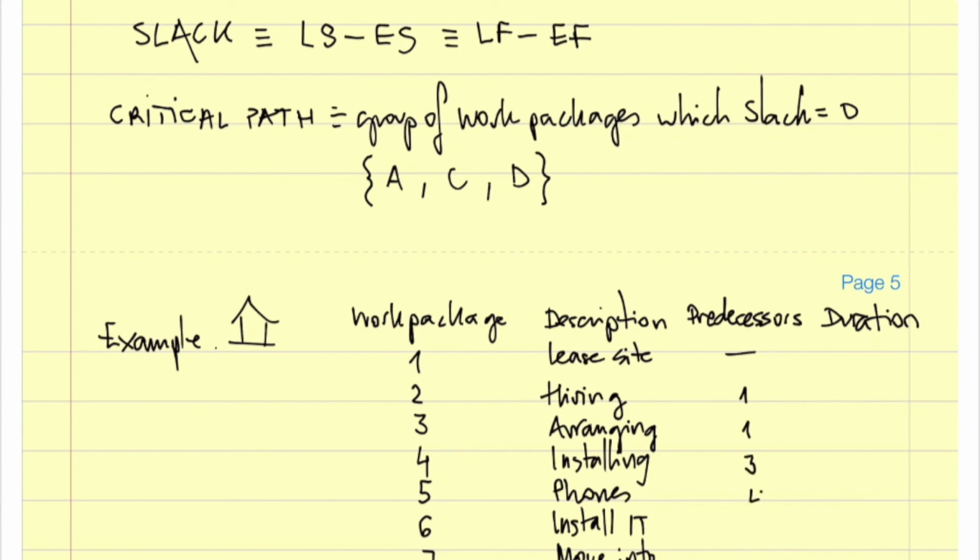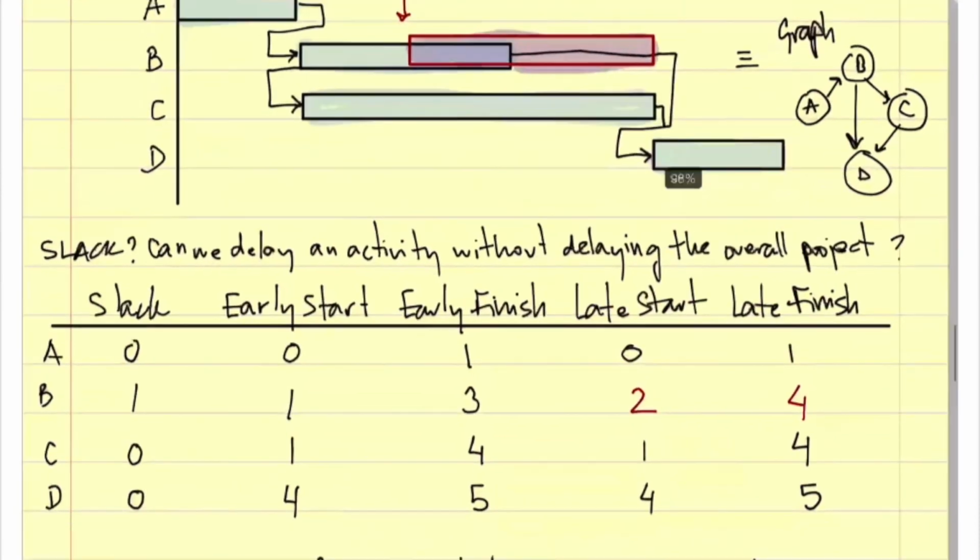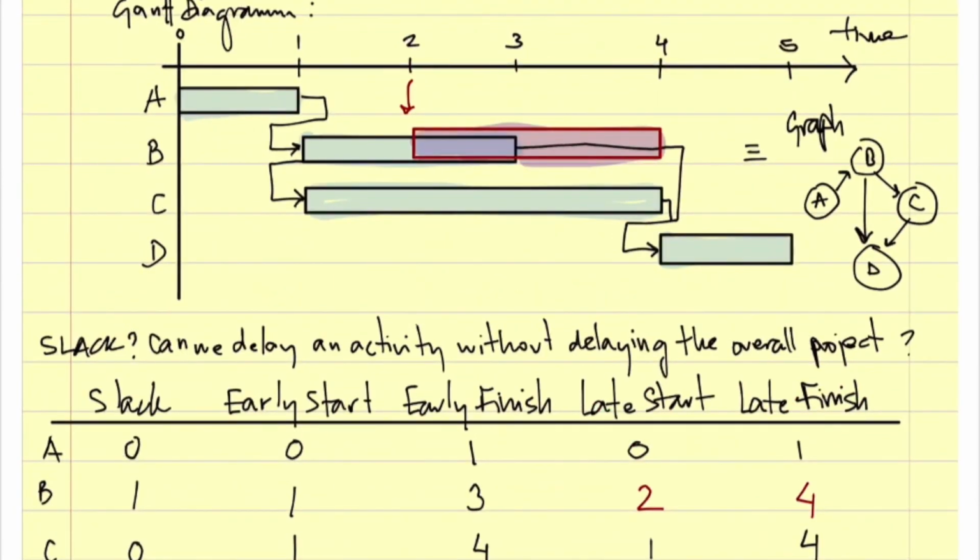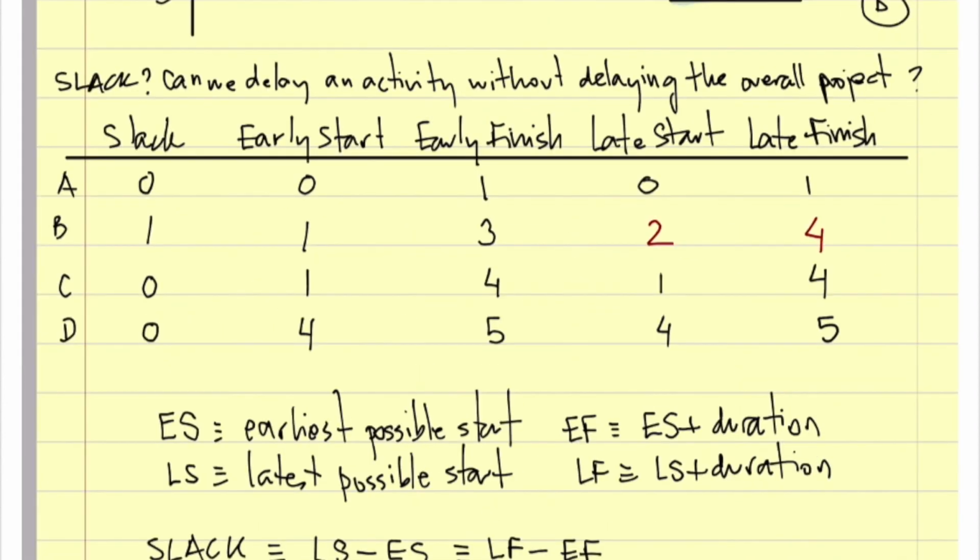3, 4, 5 and 3, and 2, 6 and 4, and the duration 1, 5, 1, 2, 1, 1, and 3. Okay, so with predecessors I mean that, let's say A is the predecessor of B, or B is the predecessor of C and stuff like that.